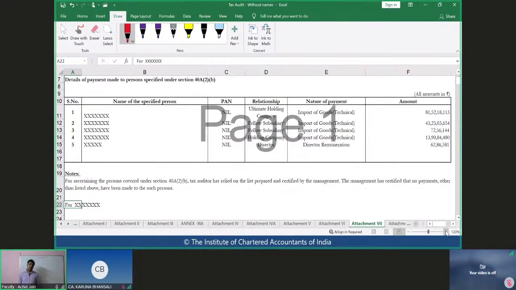But in relation to financial statements, if you compare, this can be a bigger difficulty. And in this case, auditor should also look at the system of the organization, the process of the organization through which they have been identifying as to which all parties are related or unrelated, means specified or unspecified in the context of the clause that we have been discussing.